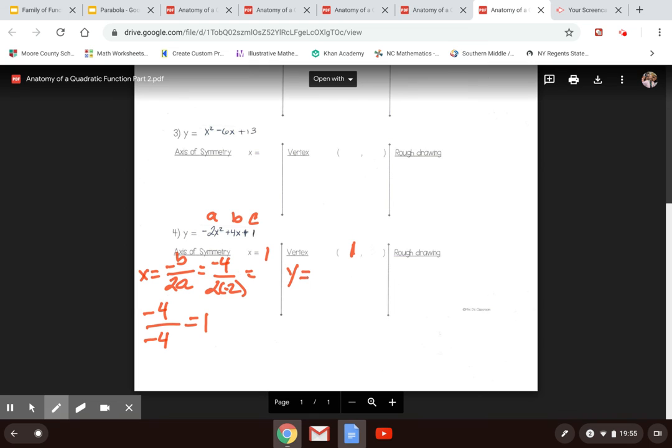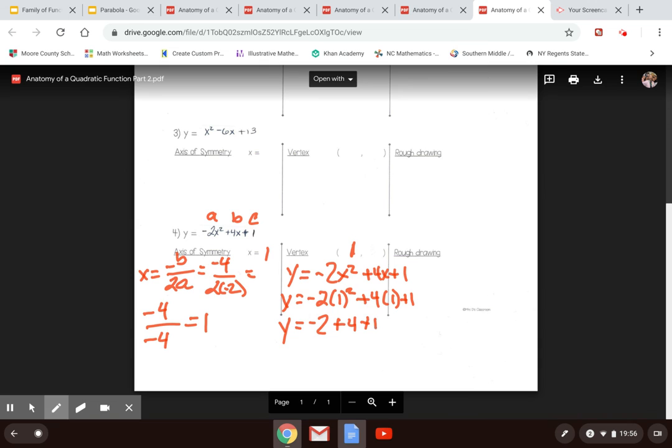Then I have y equals negative 2x squared plus 4x plus 1. Okay, so 1 squared, so y equals negative 2 plus 4 plus 1.